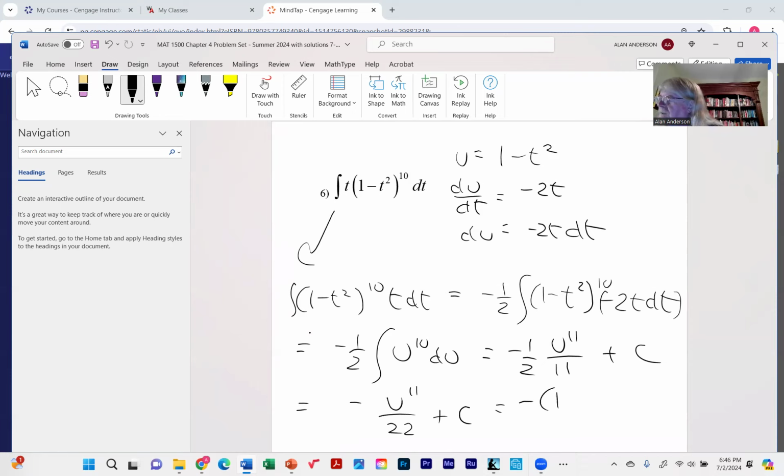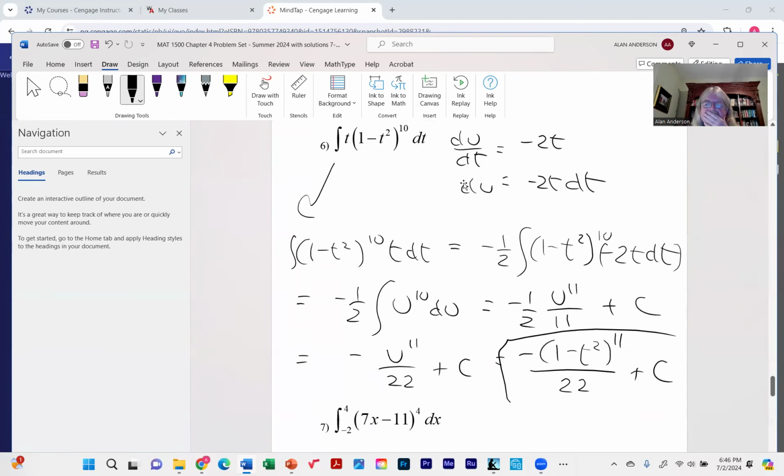And u, of course, was 1 minus t squared. And to the 11th, that is, don't forget that exponent. And that's our final result. Well, all right then.